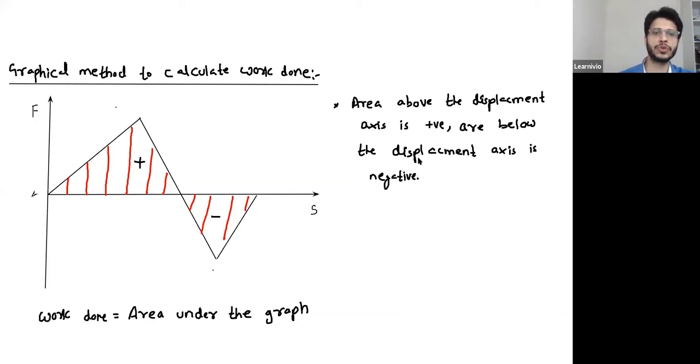So remember this. If you have a force versus displacement graph, then area above the displacement axis will be positive, area below the displacement axis would be negative, and the total work is the area under the graph.